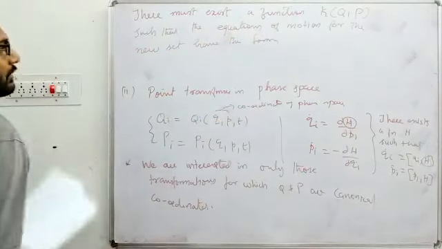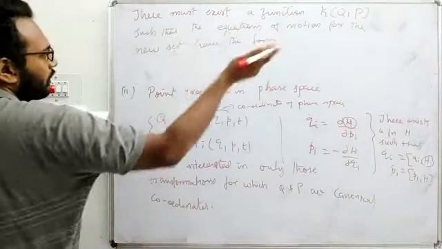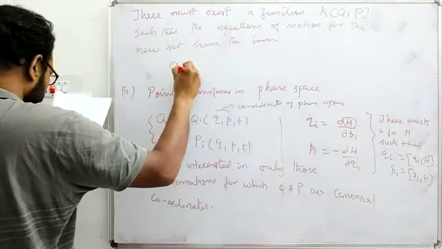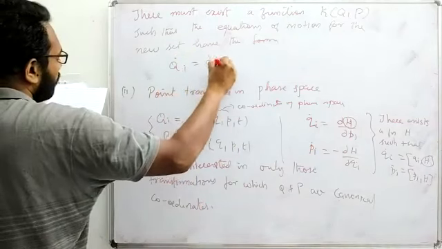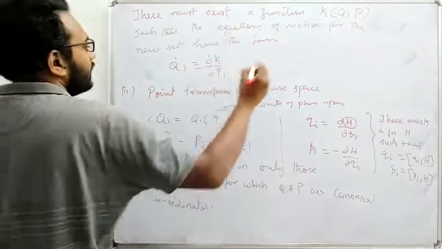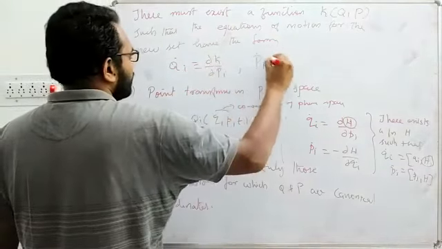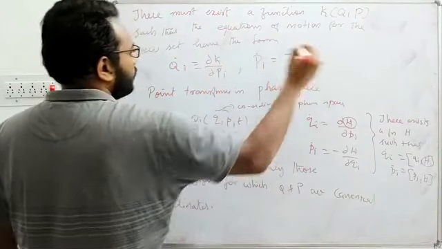It should exactly be like this, so there should be some function, we call it K, or we can call it H prime, such that Qi dot is equal to ∂K/∂Pi, and Pi dot is equal to minus ∂K/∂Qi.